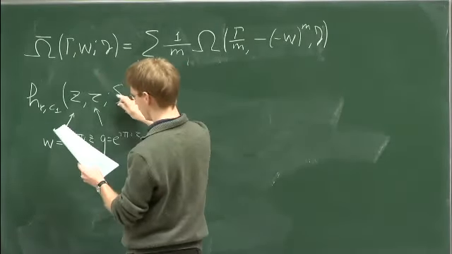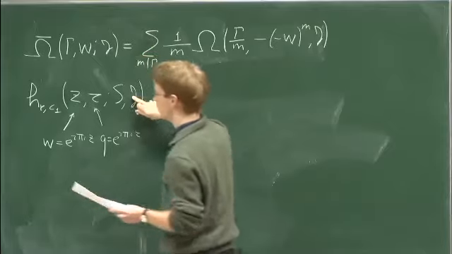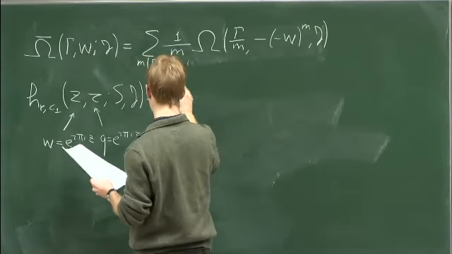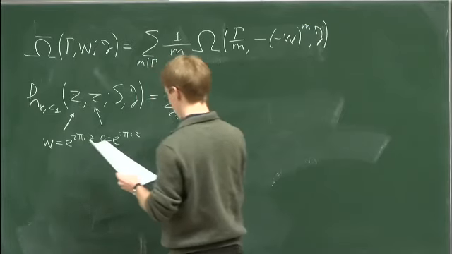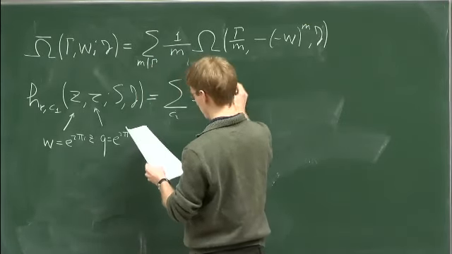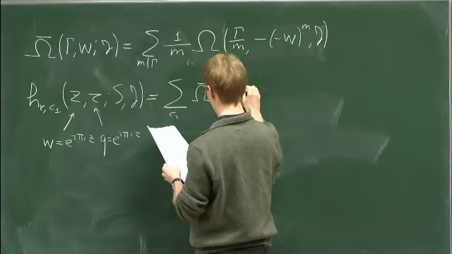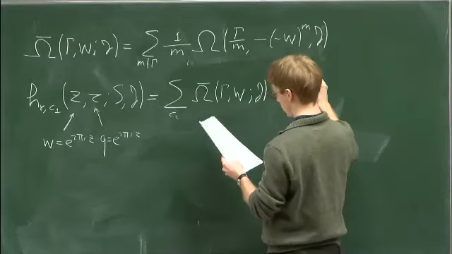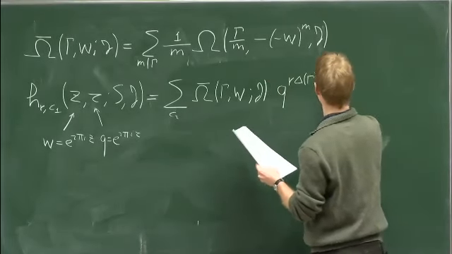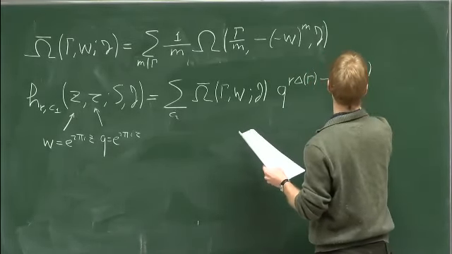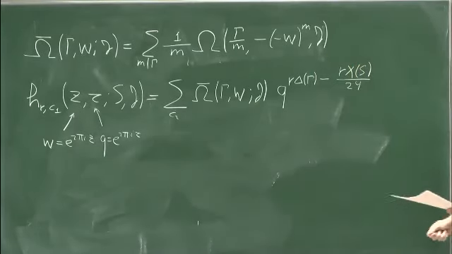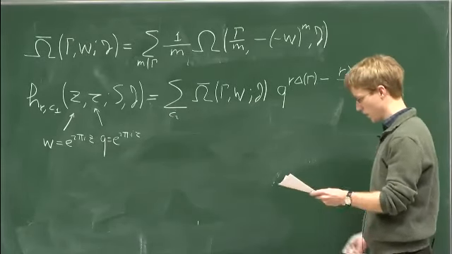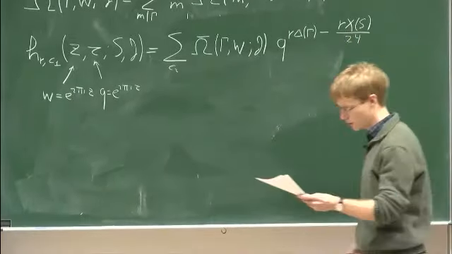Then of course it depends on the surface S, and in general due to wall crossing, also on the polarization J. It is a sum over the second Chern classes, omega bar of gamma, w, J, times q to the power delta of gamma minus R times the Euler number of the surface divided by 24. And okay, so that is the definition of the generating function.